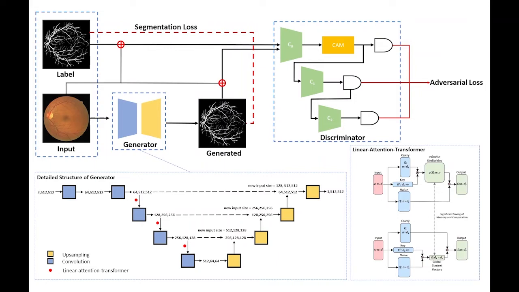And in this picture, you can see, firstly, the input image is transmitted to the generator. Then the generator generates a new image called the generated image. After that, the model packs two groups into the discriminator. The first group is the input and generated images, and the second group is the input and labels.